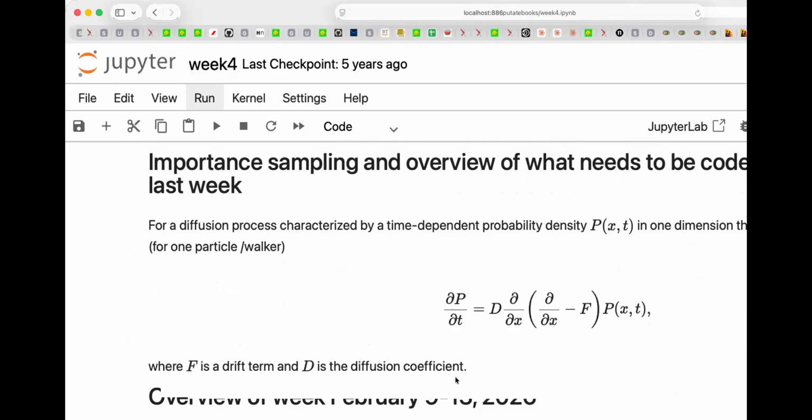So the equation which you end up looking at is the so-called Fokker-Planck equation. And this is going to give us a way to sample the points by following the distribution which we're using, which in our case is the wave function squared.